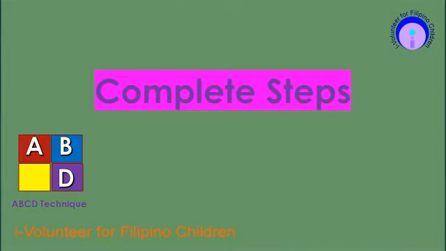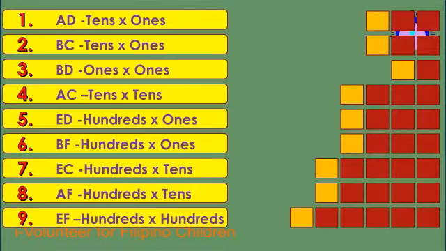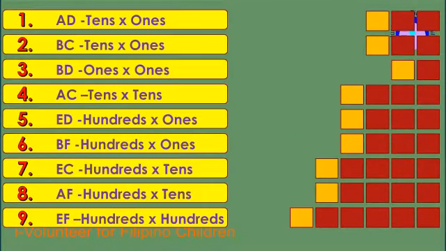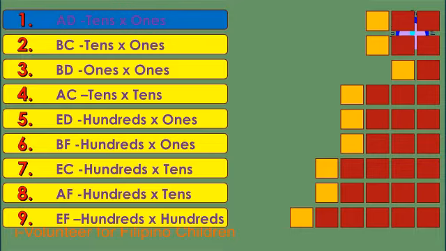Before learning the shortcut method, I would like you to learn the regular way of multiplying a 4 by 4 digit number. The regular way of multiplying 4 by 4 digit number has 16 steps. When the shortcut method is used, a few steps will be omitted as indicated by the blue background.